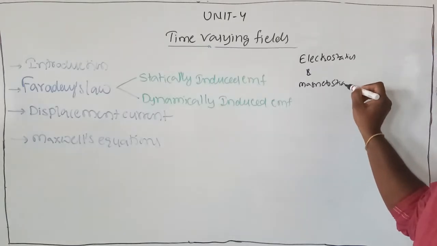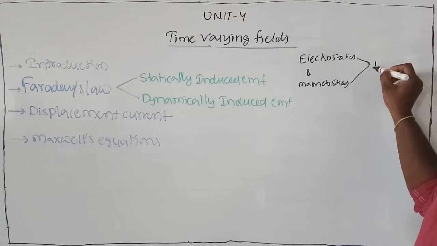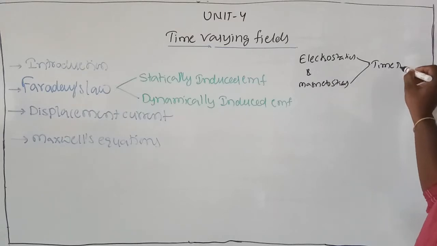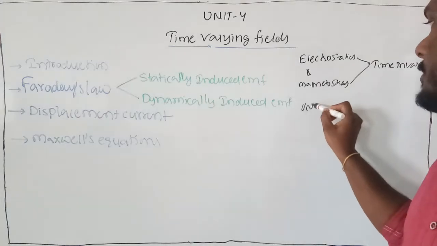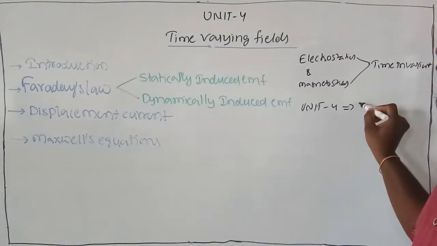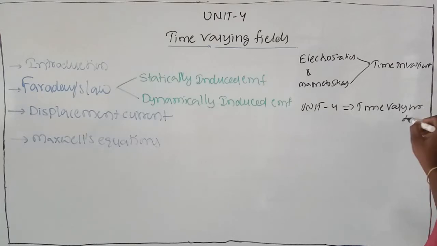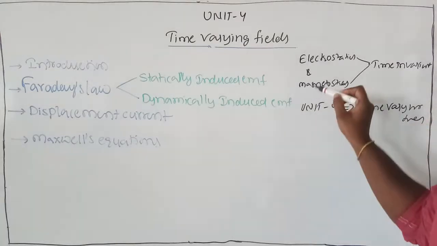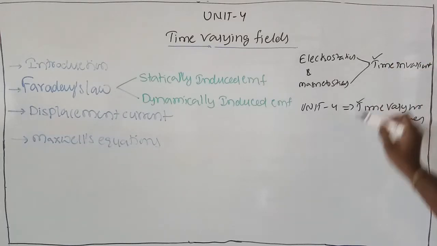The study of electrostatics and magnetostatics is under time invariant fields, whereas your fourth unit is about time varying fields. So before that we have to understand the difference between time invariant fields and time varying fields.